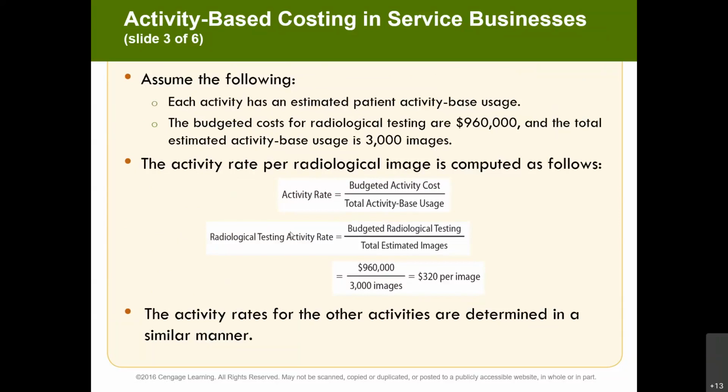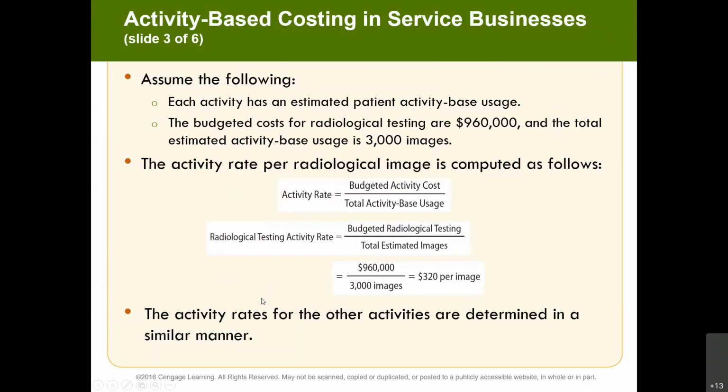So to get the activity rate, as you would imagine, we take our $960,000, which is our total budget for radiology testing. We divide that by the number of images we expect to produce during that time frame, which is 3,000 images, to get $320 per image. So that would be the activity rate. For all other activities, we determined it in a similar manner.